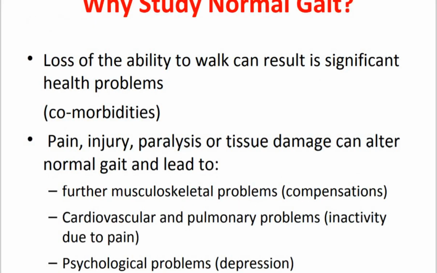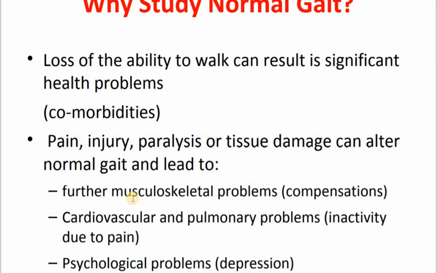So why should we study normal human gait? The major reason is that loss of the ability to walk can result in significant health problems. Various comorbidities are also there. Pain, injury, paralysis and tissue damage can also affect normal human gait.